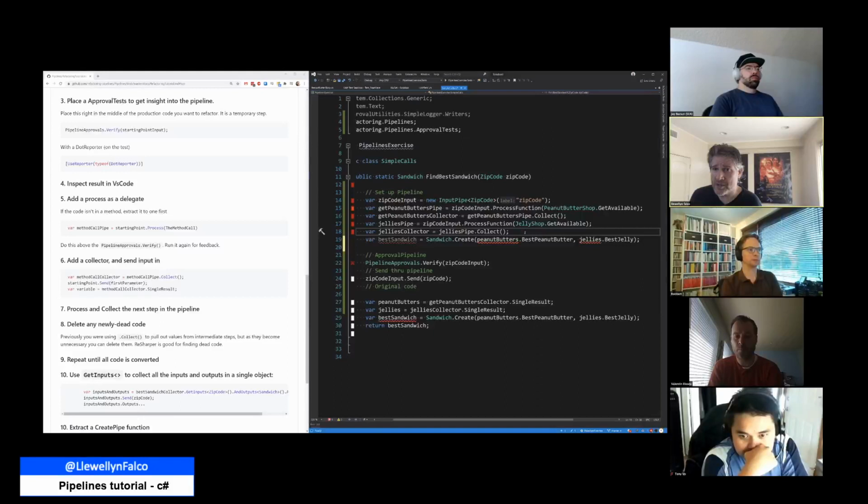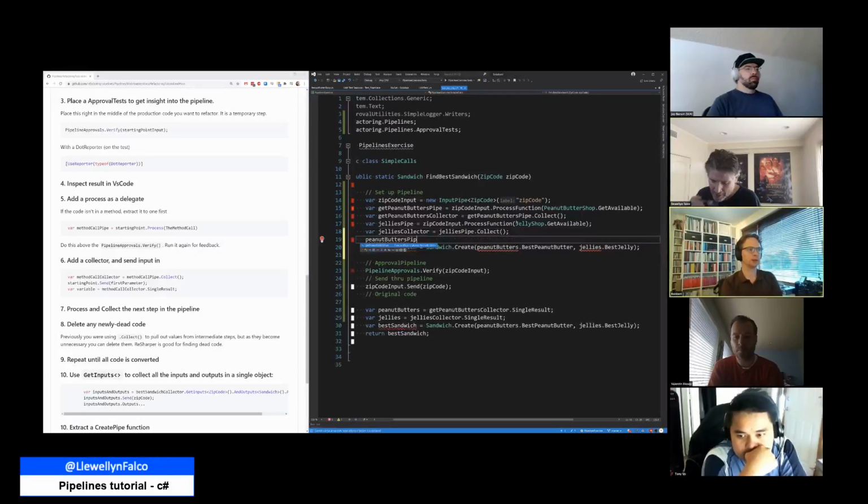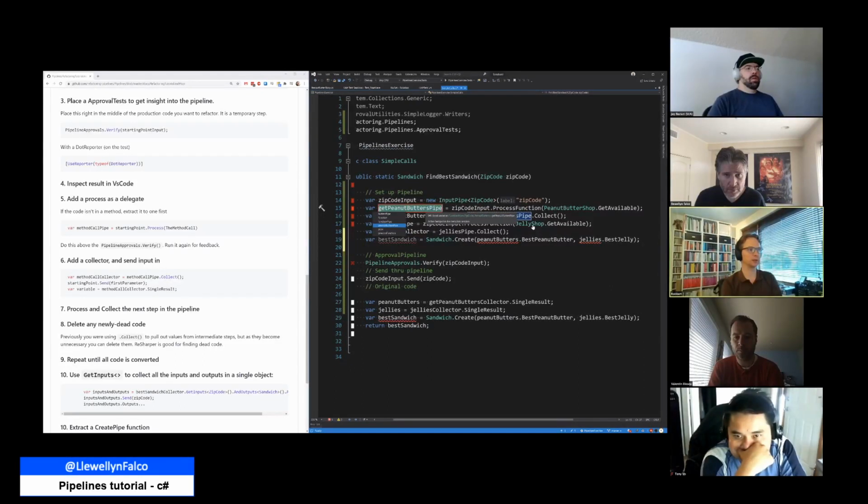Okay. So can we refactor line 15 to get the peanut butter pipe, to make it consistent with line 17, and the same for line 16? Also remove the get. Yep. So then we can now say combine.